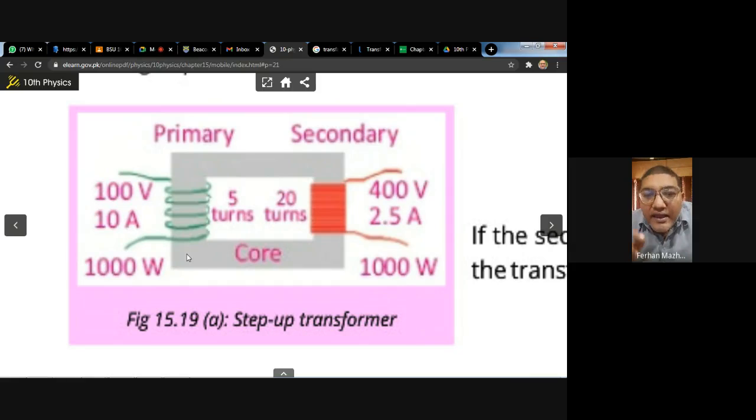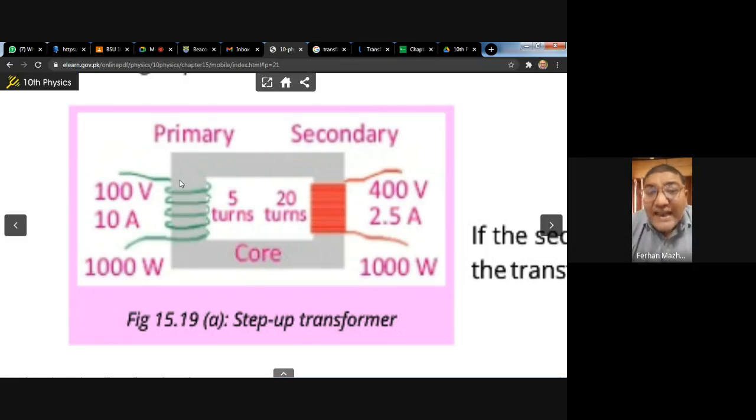When you provide alternating current in the primary coil, the primary coil becomes an electromagnet, and the polarity of that electromagnet is also changing. So in one moment, if this lower end is north, in the next moment this will become south. So this is north, this is south, then this is north, and this is south. You see, the polarity of that magnet is changing. When this lower end is north, the magnetic lines flow in an anti-clockwise manner.